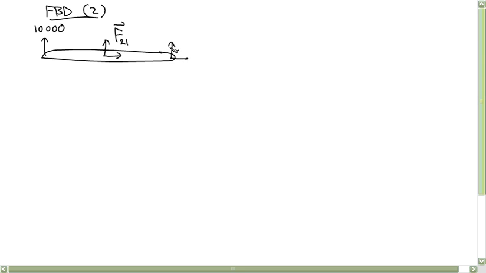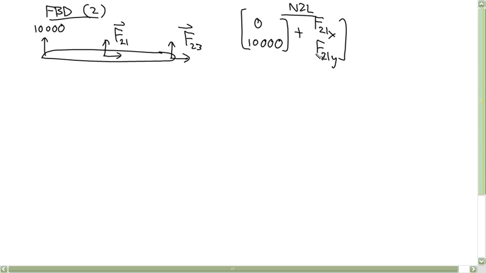And here? Yep, F23. So Newton's second law says 0, 10,000 plus F21x and y plus F23 x and y is equal to zeros.